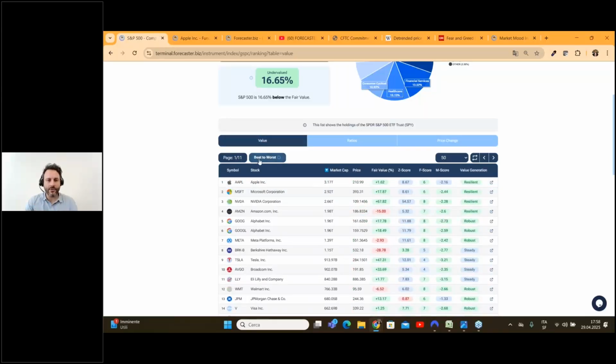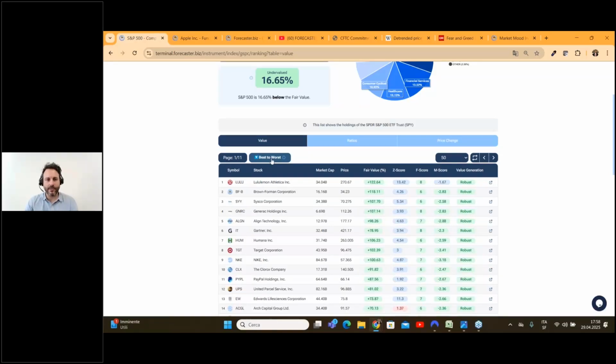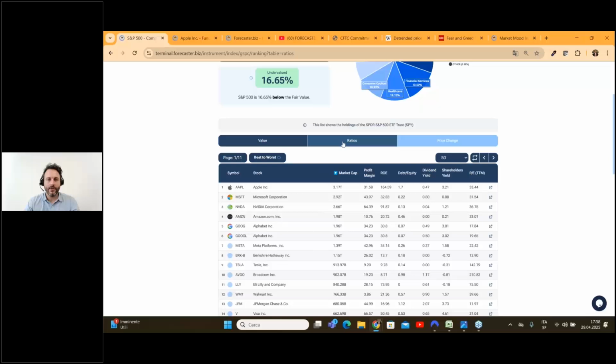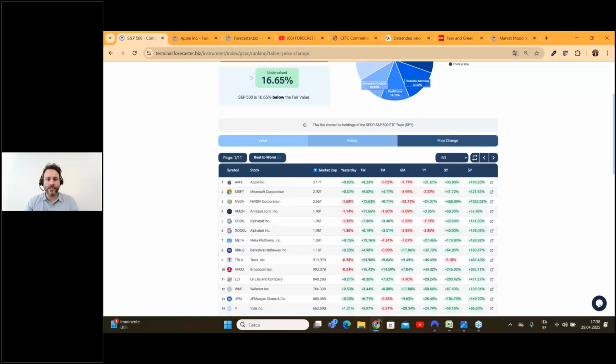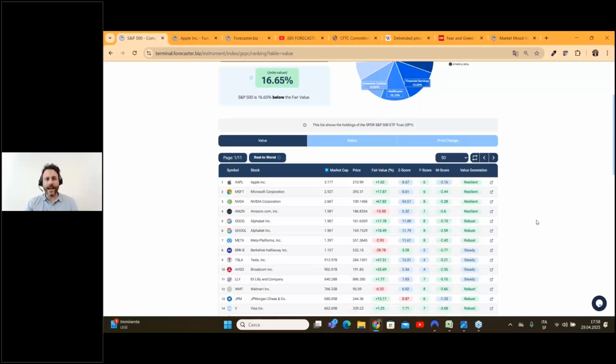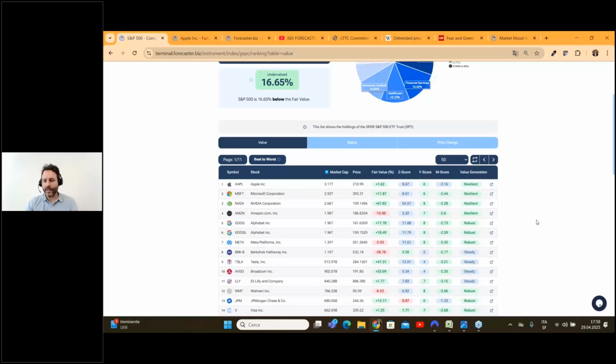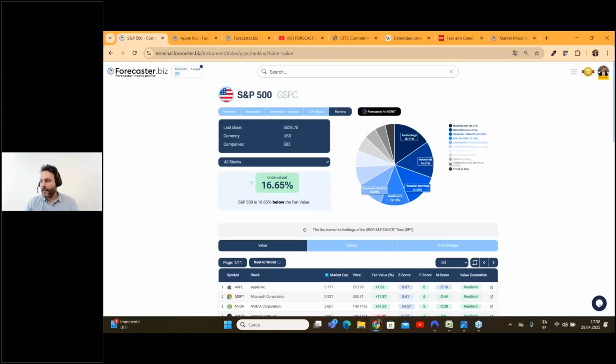On every layer, you find the best to worst button. If you click the best to worst button, very easily you can find which are the best companies ranked by the average of this data, both on value, ratios, and price change.